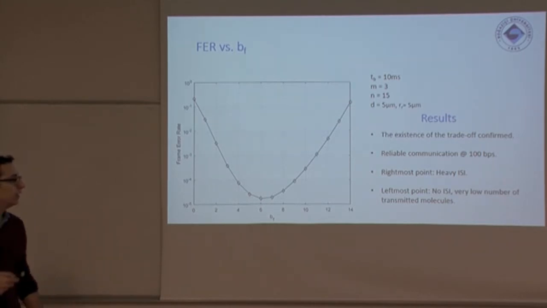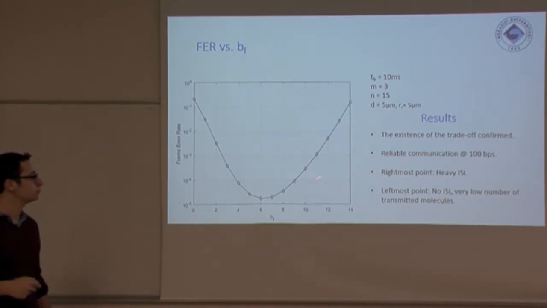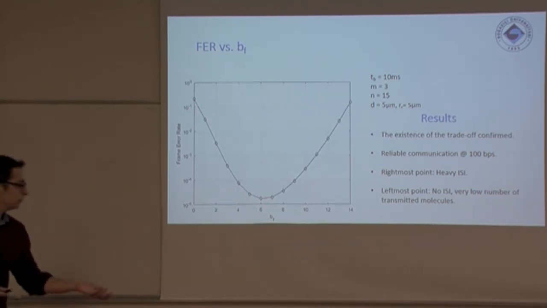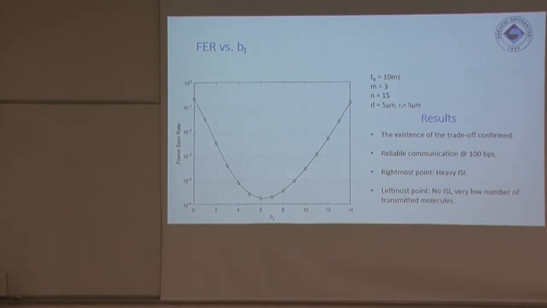But the problem is we have a fixed M, so we have a very low number of transmitted molecules on this side, a higher number of transmitted molecules on this side, but a severe ISI situation on that side as well. So combining the two, we can come up with an optimal point, and as you can see, we have reliable communication there.